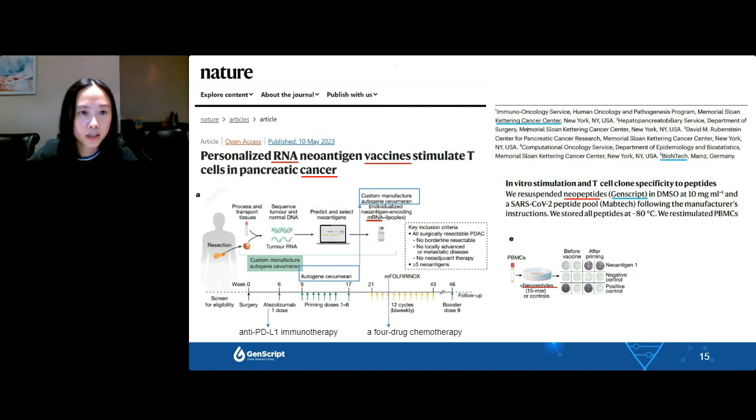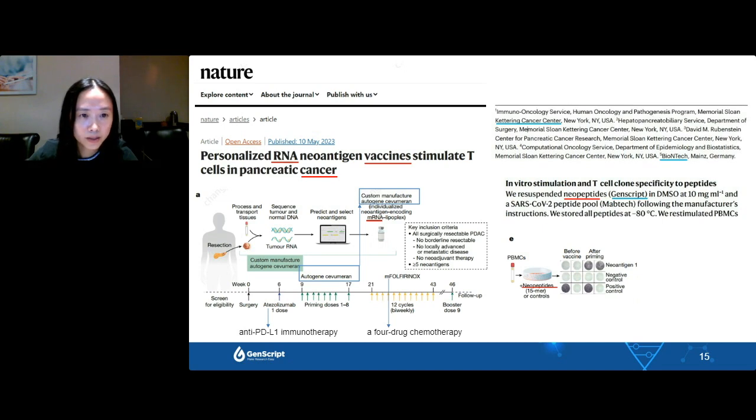So the target is neoantigen, and the format is RNA vaccines for the treatment of pancreatic cancer. In this process, the customers are BioNTech and Memorial Sloan Kettering Cancer Center. They used the neoantigen peptides from GenScript to do the in vitro stimulation.